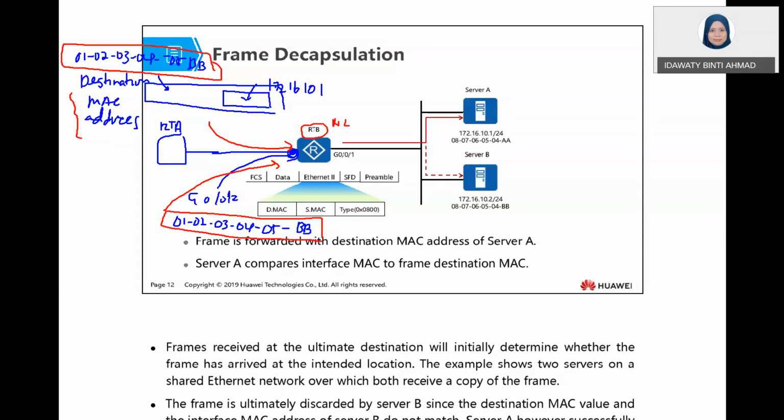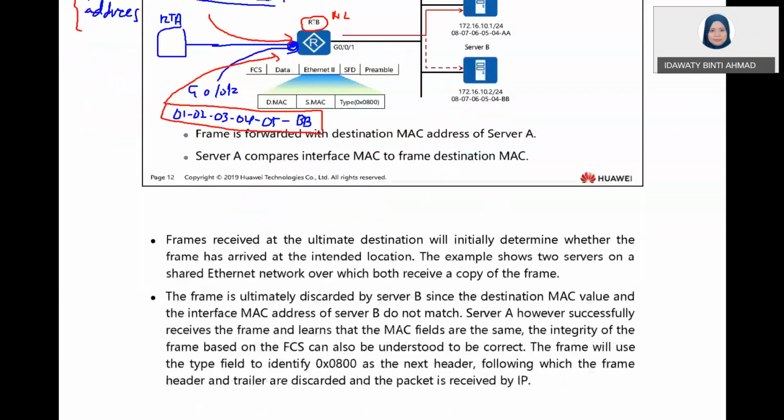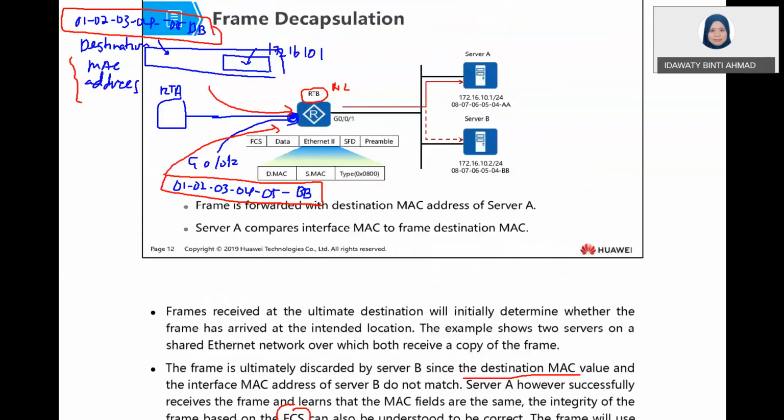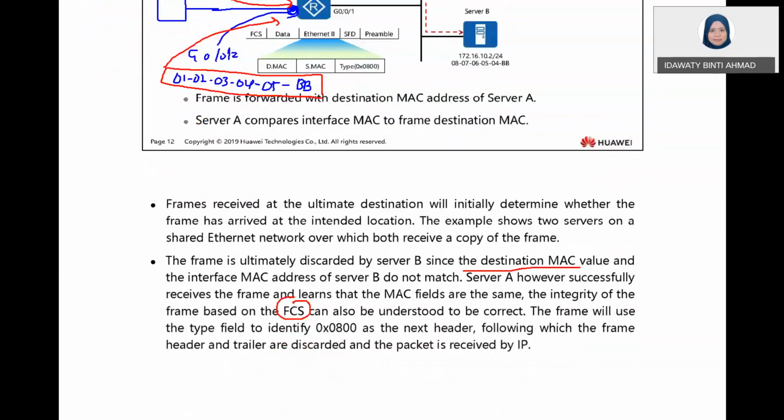That is exactly what happened. So you look at the destination MAC address, and if it is okay, you check whether it is correct or not. Then you decapsulate. When you decapsulate, you need to look into the type field.